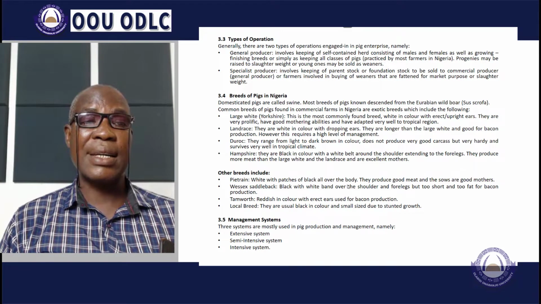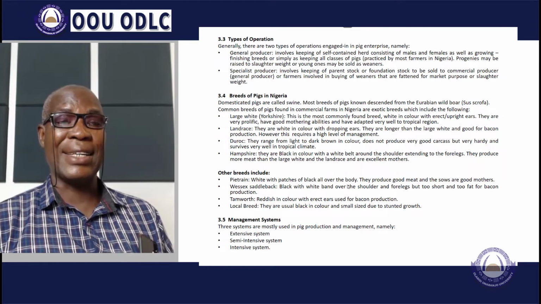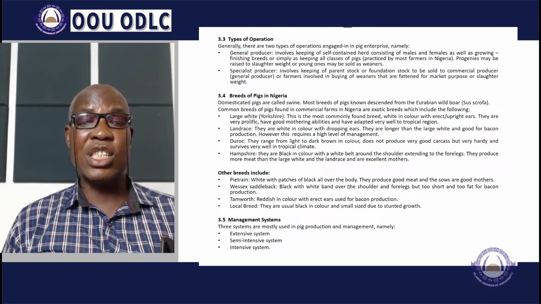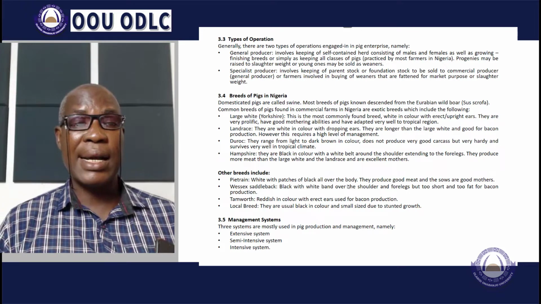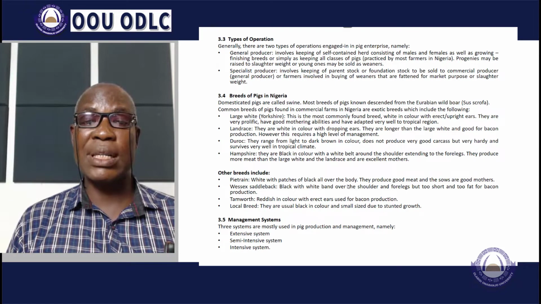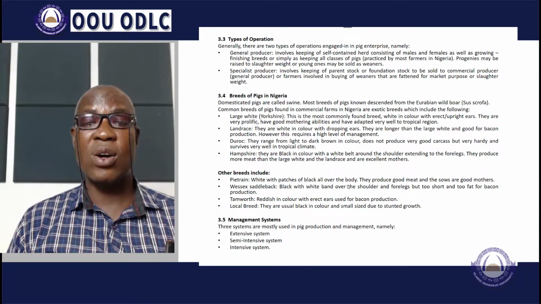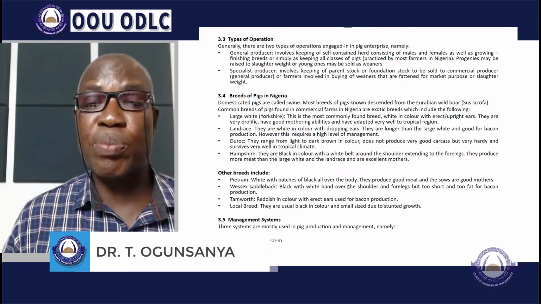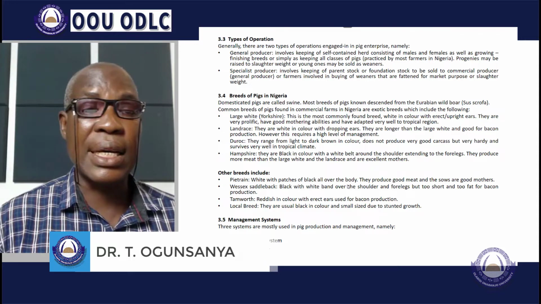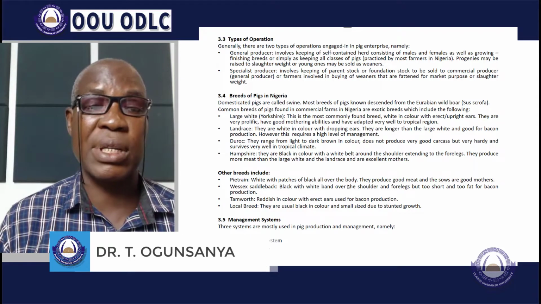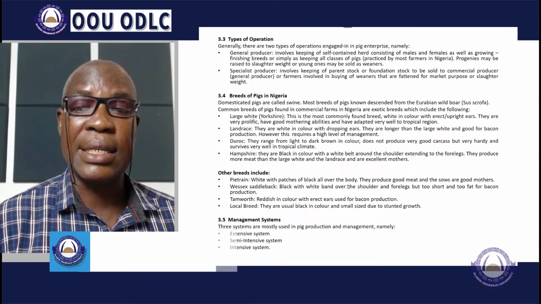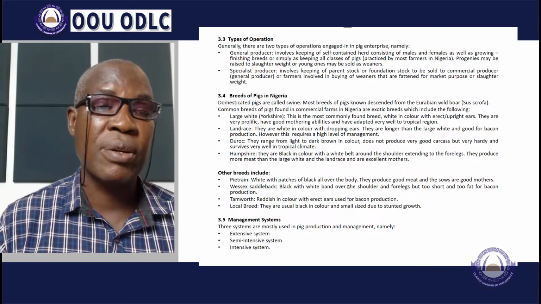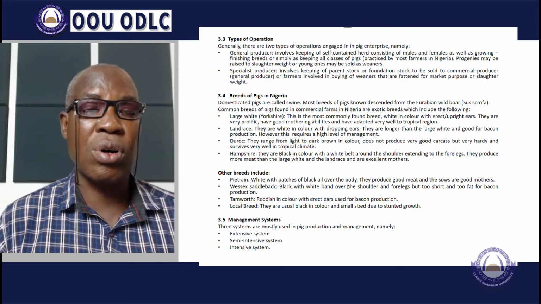We have landraces. Landraces also look like the large white. However, it is longer in length than the large white, and it has drooping ears, or what they call droopy ears. The ears are just dropping. They are also excellent mothers, and they produce good meat for bacon. Then we have Duroc.